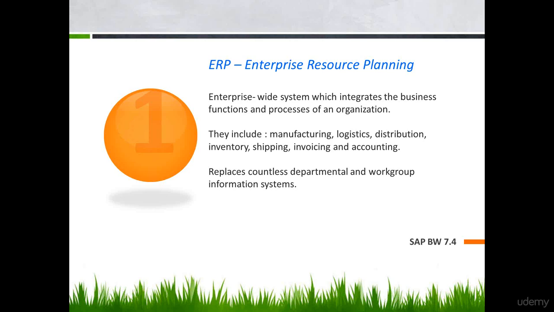Take any big company, which has different divisions or entities, like shipping, invoicing, distribution, inventory, manufacturing, accounting. These are all different entities in a company.